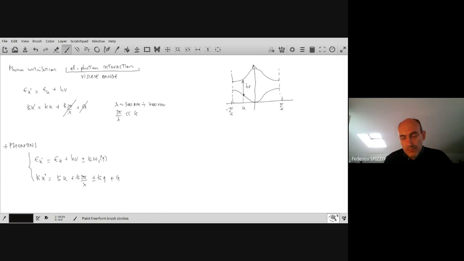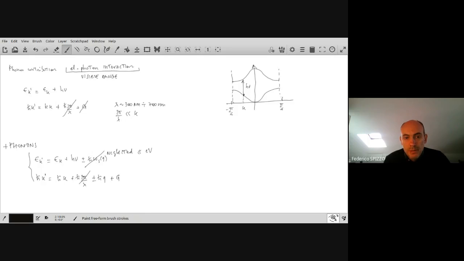So as a rough approximation, we may suppose that this can be neglected, because that is very small with respect to the eV range where both the electron energy and the photon energy are found. If we consider the second equation, then here we may always neglect this term here.